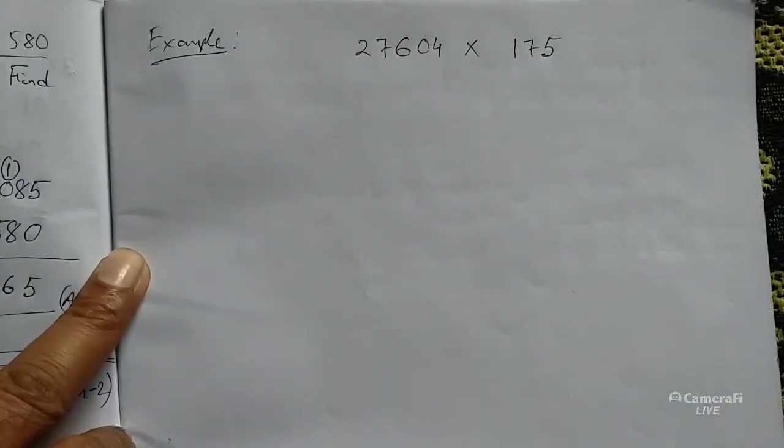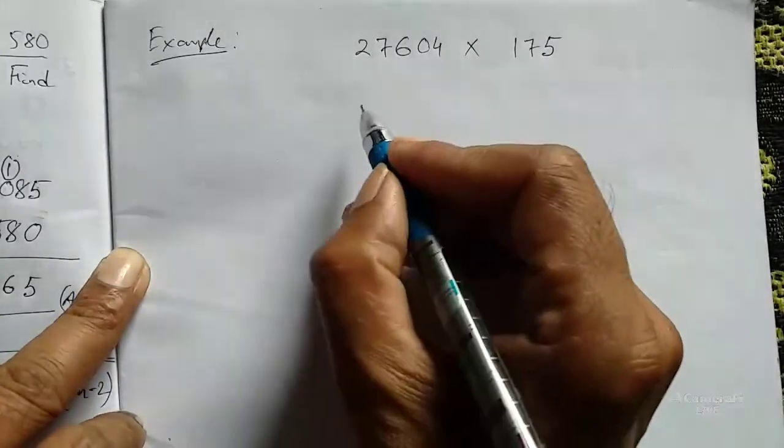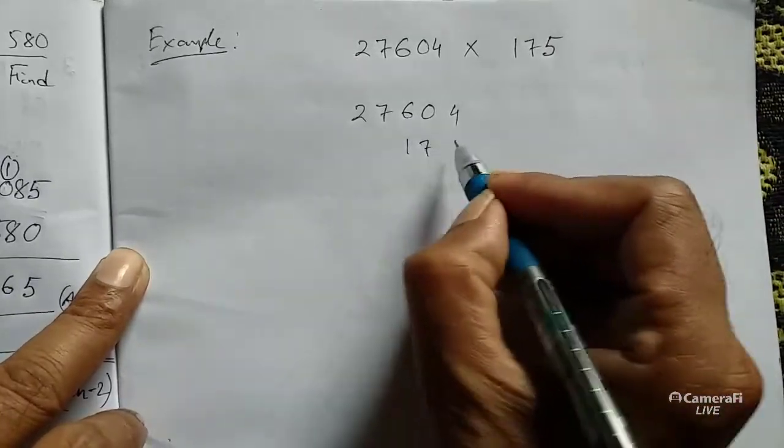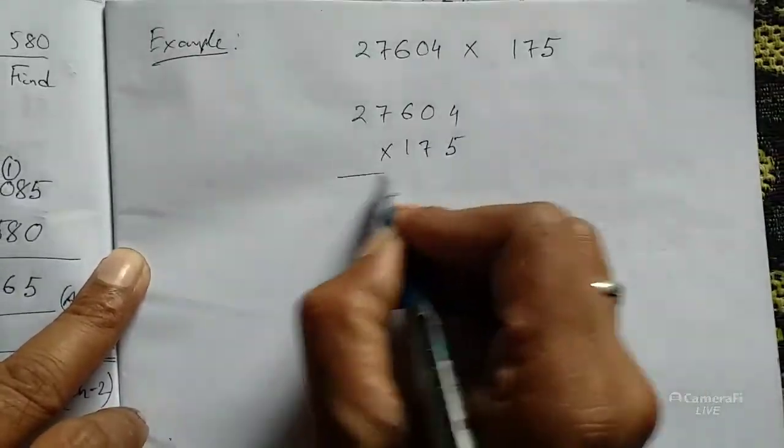It has a 3-digit multiplier, but the multiplicand is of 5 digits. So write first 27604, and 175 just below it, with the multiply sign.